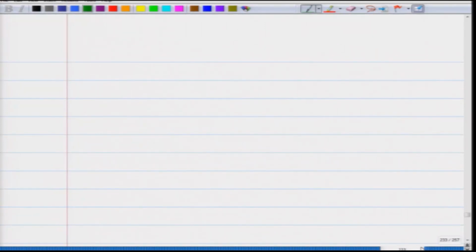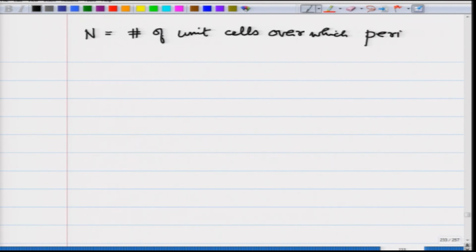So, let us see its ramification. Let me repeat. N is the number of unit cells over which periodic boundary condition is applied.